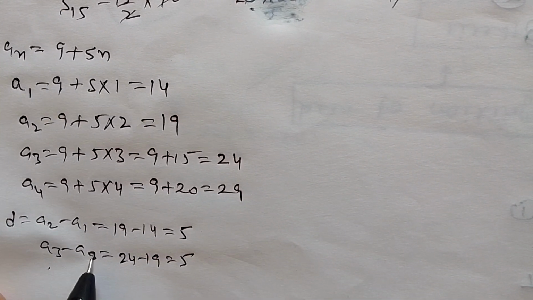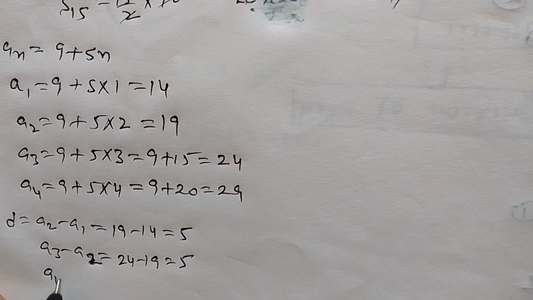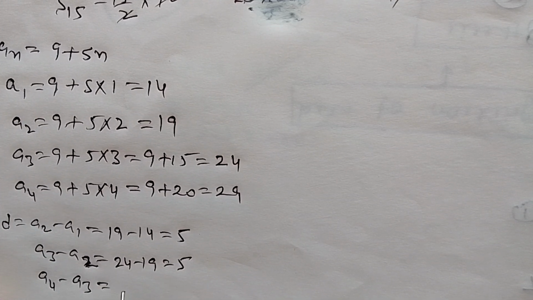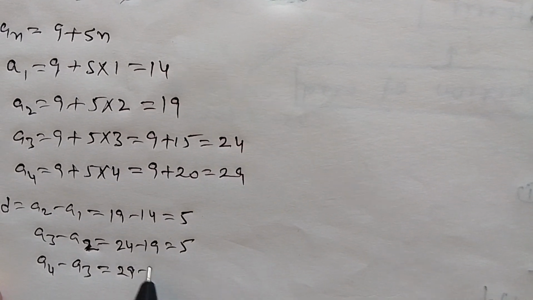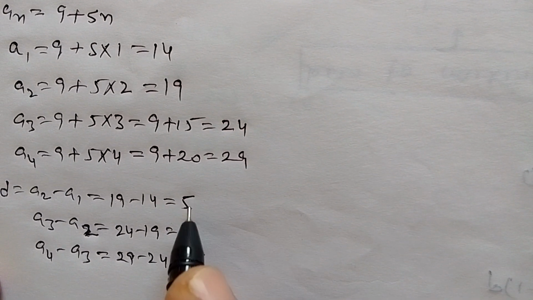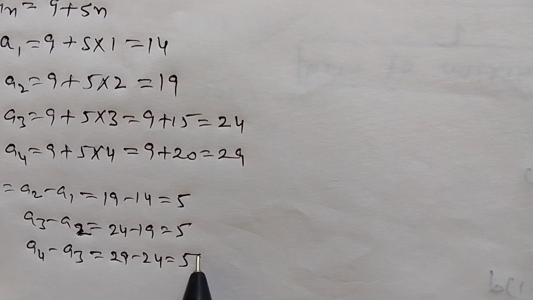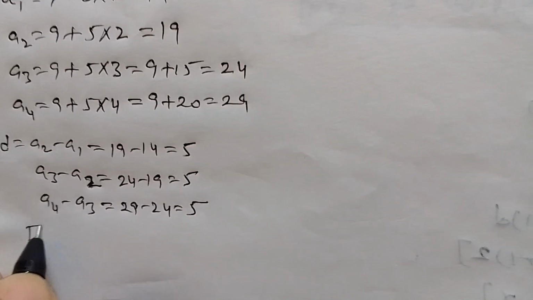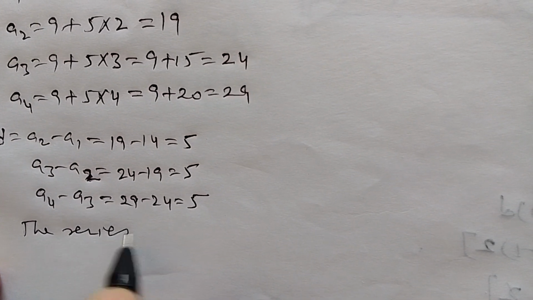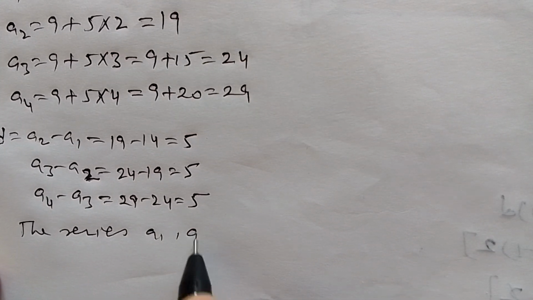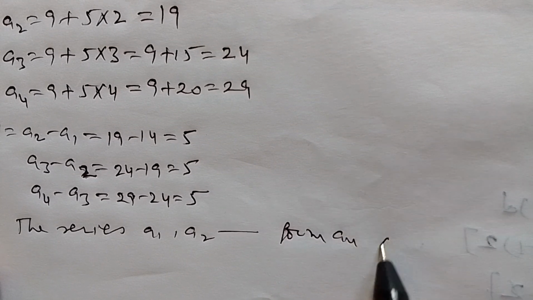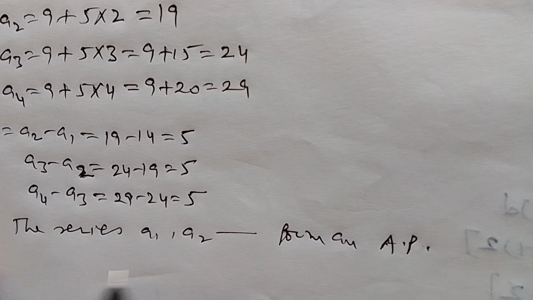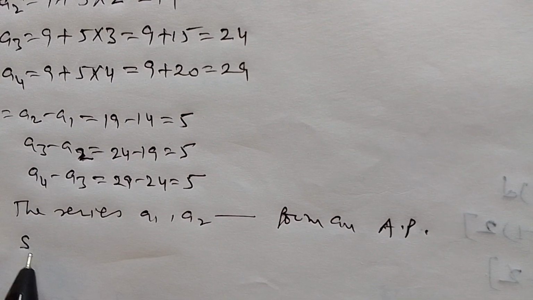Then a4 minus a3, that is 29 minus 24, the common difference comes out to be 5. So the series a1, a2 and so on form an AP. Now we will calculate the sum of 15 terms.